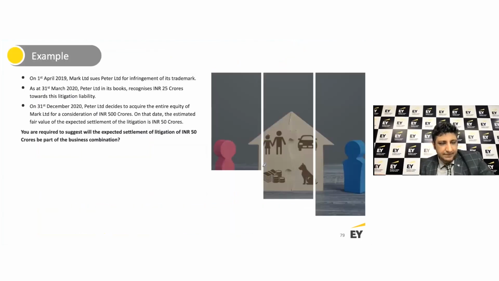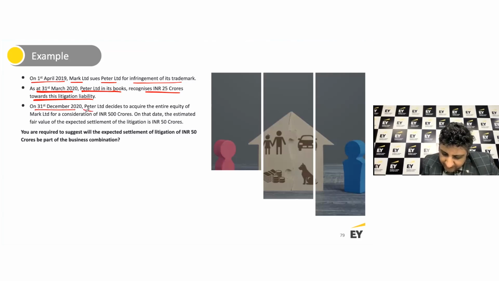Okay, let's have an understanding of this with the help of a small example. It says that on April 1st, 19, Mark Limited sues Peter Limited for infringement of its trademark. As at 31st of March 20, Peter Limited had recognized 25 crore rupees towards this litigation liability. So in a way, Peter acknowledges that there is something payable. On 31st of March 20, Peter actually acquires Mark for a consideration of 500 crores, and the fair value of the settlement is now 50 crore rupees.